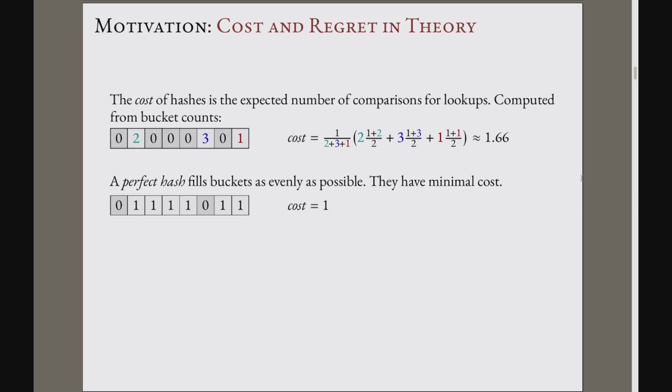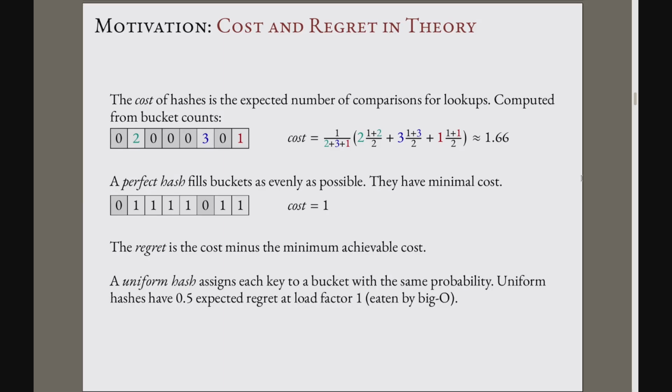Now, if this was not ideal, so if we only distributed the keys a bit more evenly in the hash table so that the distribution of bucket counts is as flat as possible, then we would get a perfect hash, and the cost would be minimal. We define regret as the difference between the actual cost and the minimum cost achievable, that is of the perfect hash.